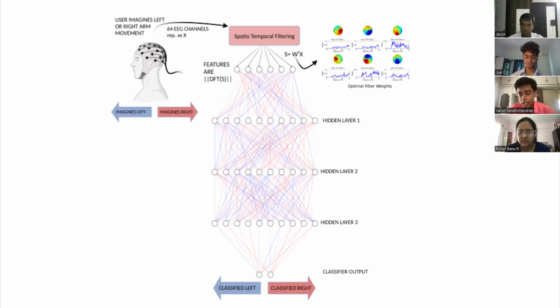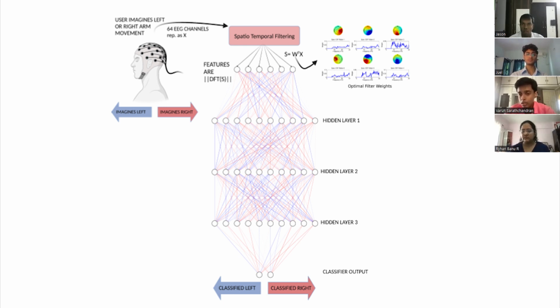So the idea is to extract discriminatory features in these two domains, and how we do that is through a process known as spectrally weighted common spatial pattern. What that does is it takes channel data with 64 channels that we use, and then uses a filter in the spatial domain and spectral domain.